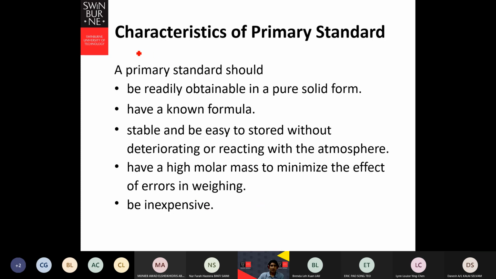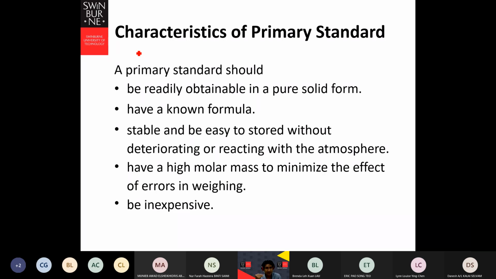The primary standard is a substance that is readily available and not very sophisticated. It does not decay or become impure very easily. It's very stable and robust.